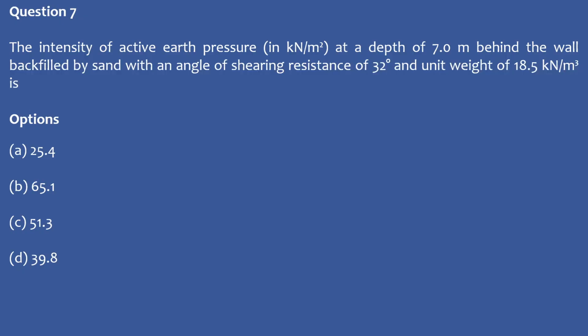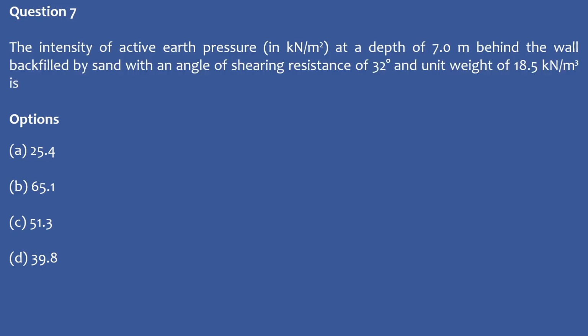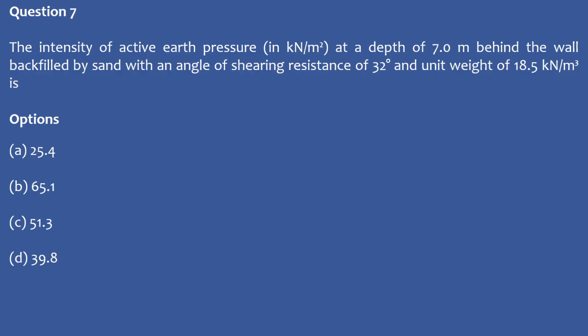The angle of shearing resistance is 32 degree and the unit weight is 18.5 kN per meter cube. If you know the active earth pressure formula, you can evaluate the intensity of the active earth pressure.